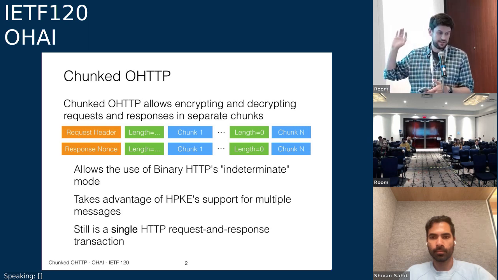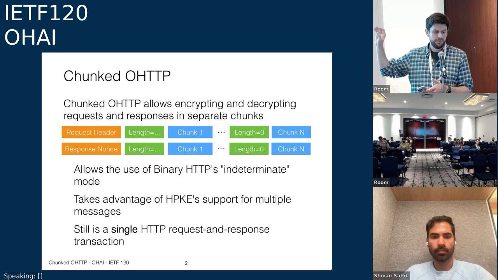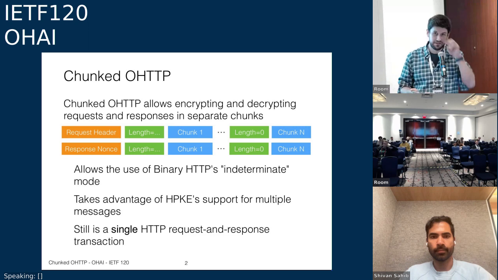And so the layout of it is you have the existing request header that you have, and then on the responses, the header is just a nonce. But instead of one HPKE or AEAD encrypted response, you have a little length field that goes before each chunk, and you have multiple chunks. It's a very straightforward idea, but it has, as with everything, many complications in the details.